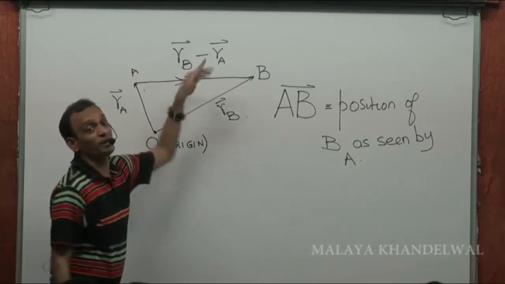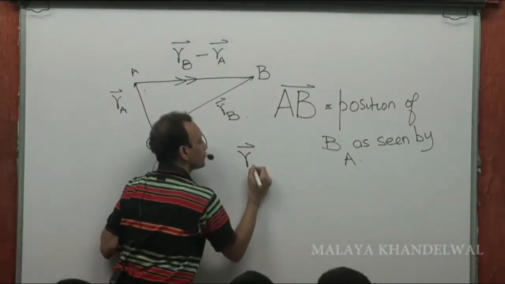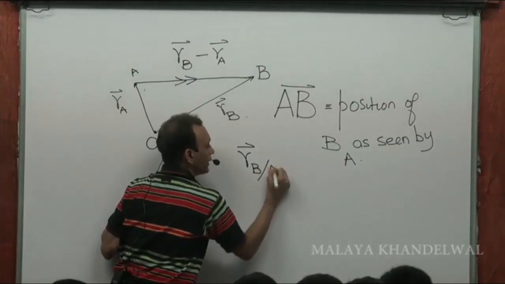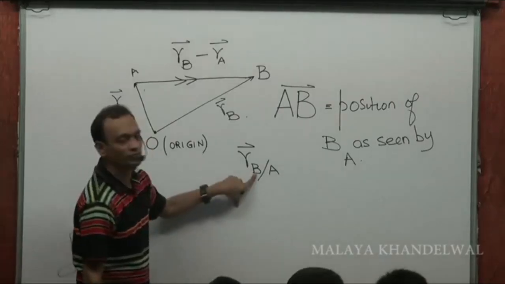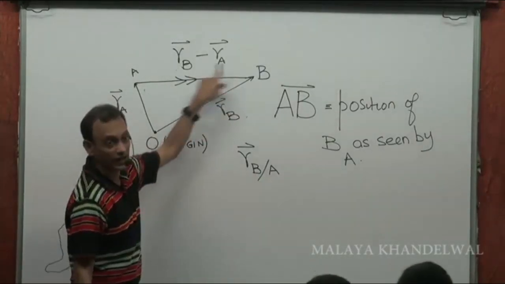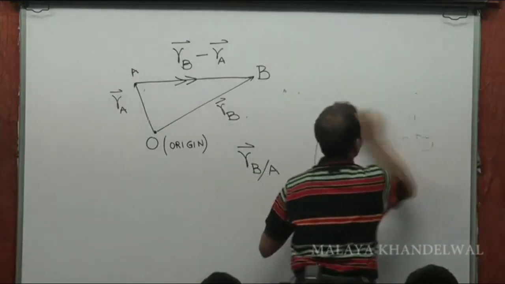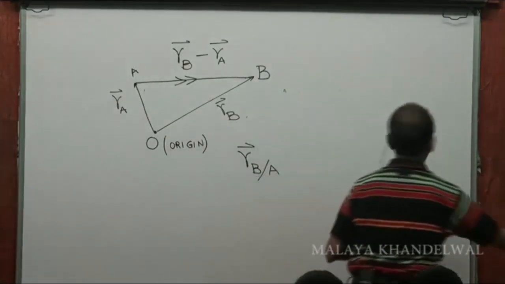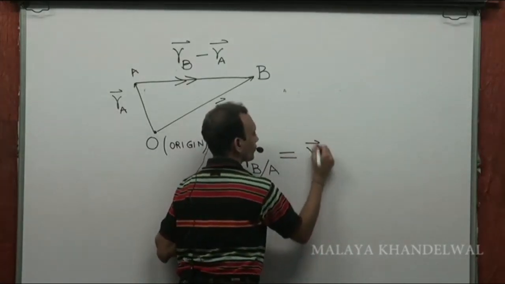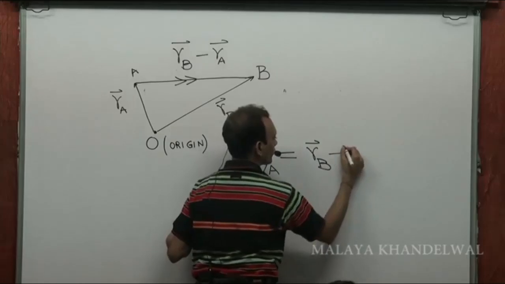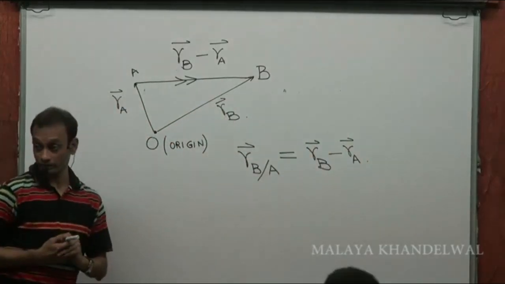Which is position of B with respect to A, which is written as RB with respect to A. Position of B with respect to A is this vector AB, and is going to be, like I said, RB minus RA. Right?